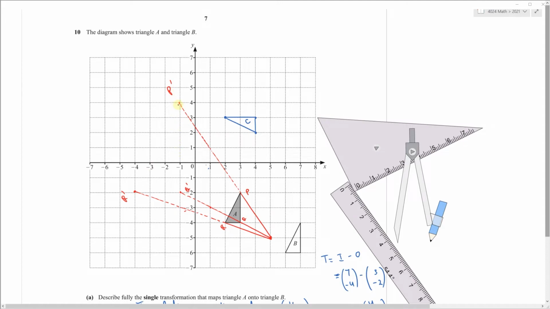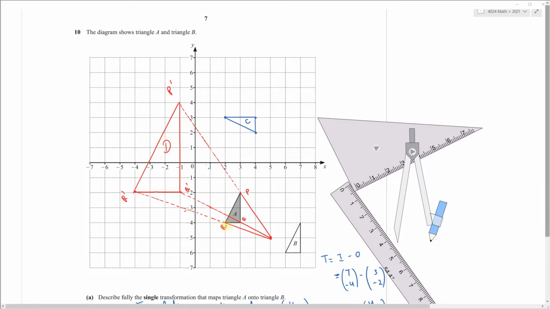So this will be your triangle D. This is your triangle D.